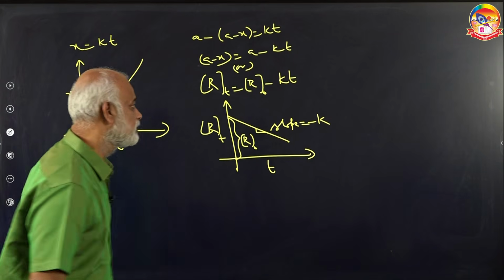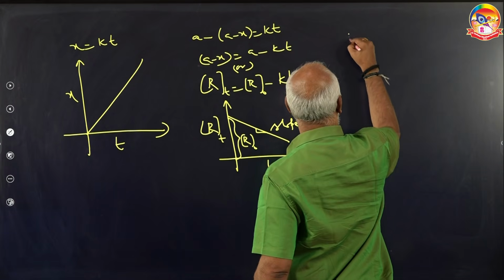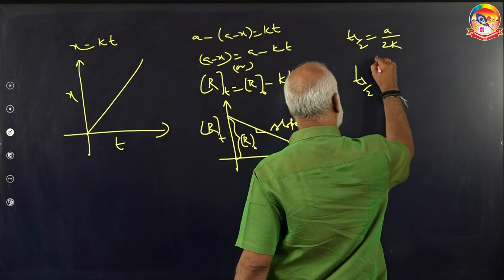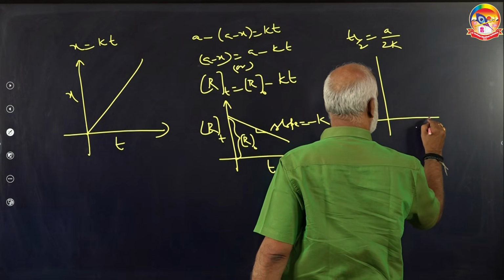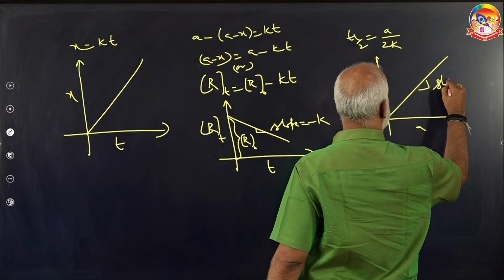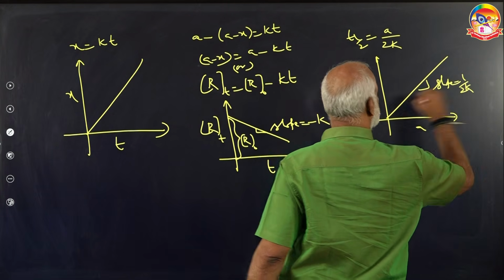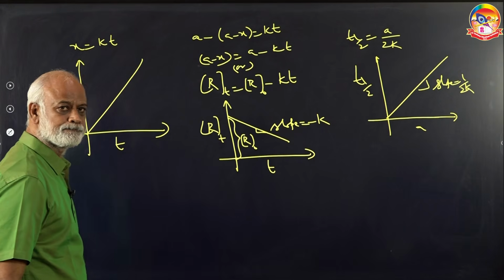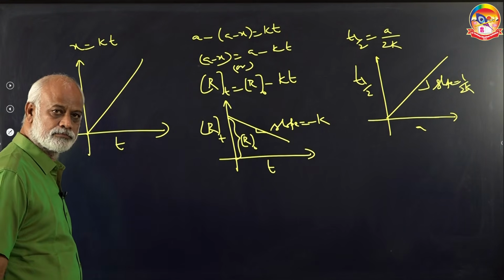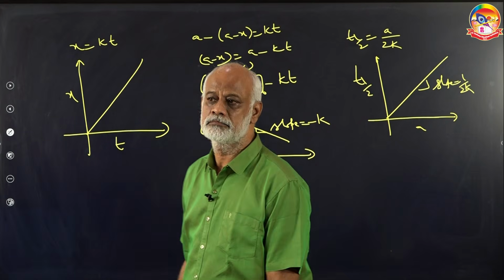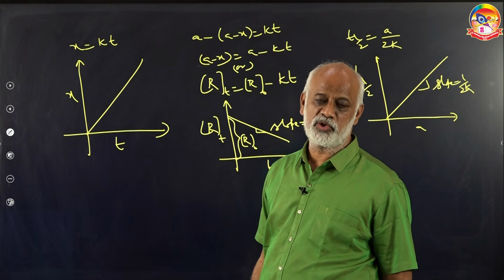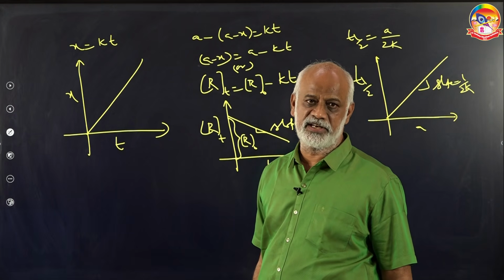This is another one. Suppose I take t half = a by 2k. So t half versus a will be a straight line where the slope is equal to 1 by 2k. Agree? I will go with the numericals only after I complete first order within the next 5 minutes.